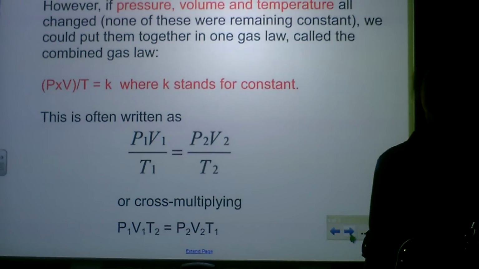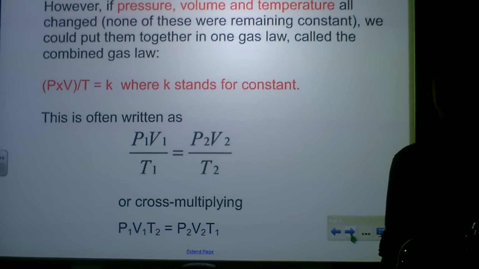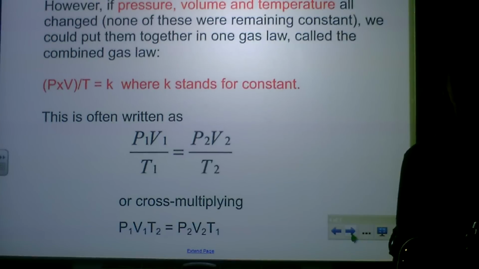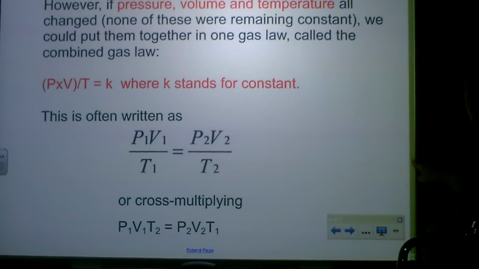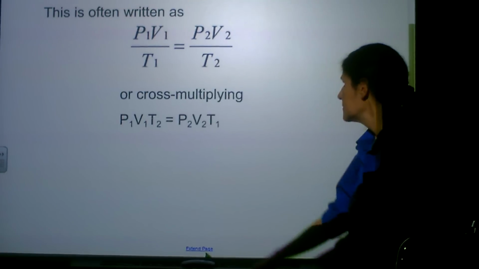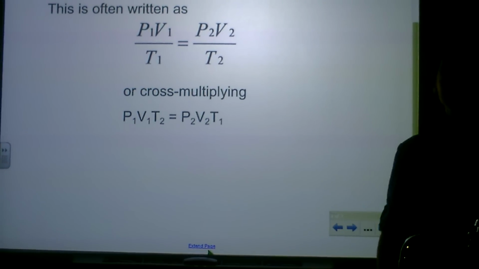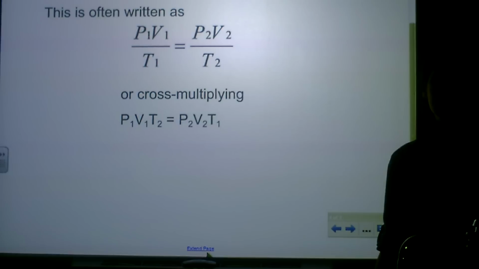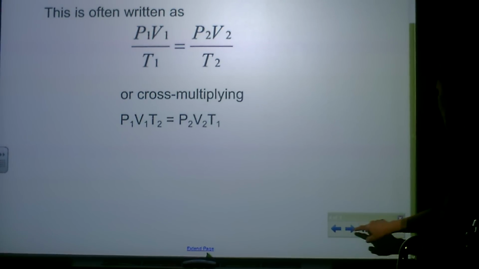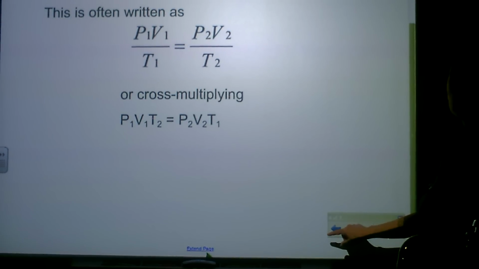Or, most often written as P1 V1 over T1 equals P2 V2 over T2. You can cross multiply and end up with P1 V1 T2 equals P2 V2 T1. And this is the combined gas law, when all three variables are changing at the same time.